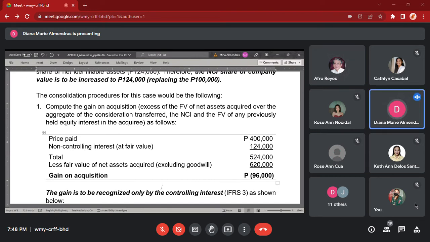Ito yung sinasabi ko kanina na fair value of net assets ni S Company. Pagmamainasin itong dalawa, so gain on acquisition is negative 96,000. Kapag gain on acquisition, kapag mababa yung price paid kaysa sa fair value ng subsidiaries net identifiable asset, ibig sabihin, favor siya sa acquirer or kay P company dahil idadagdag to sa capital niya.